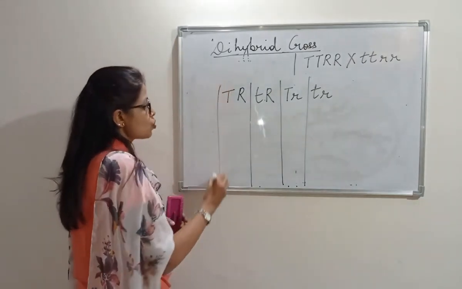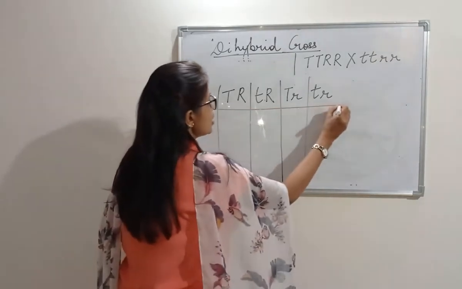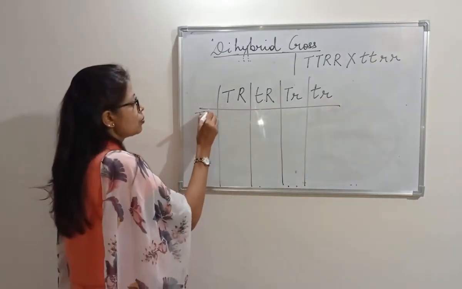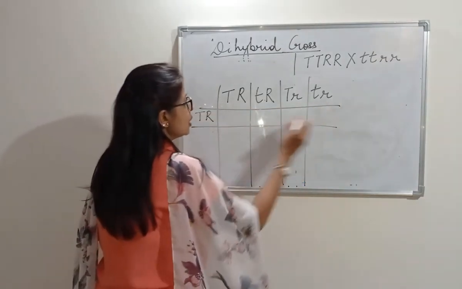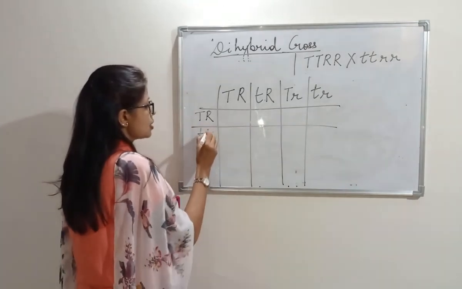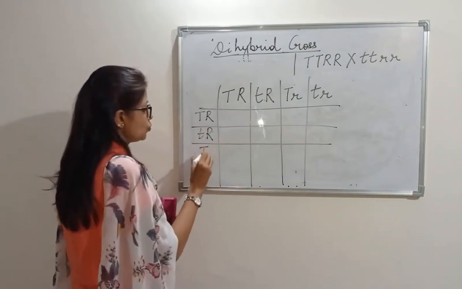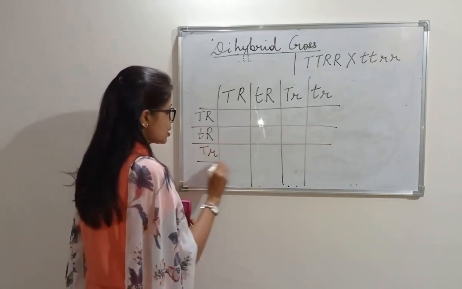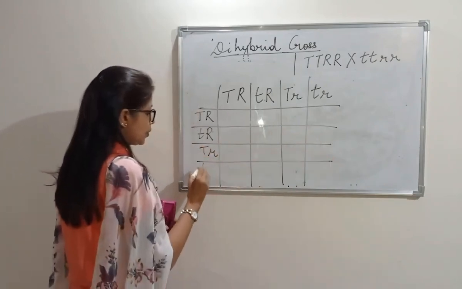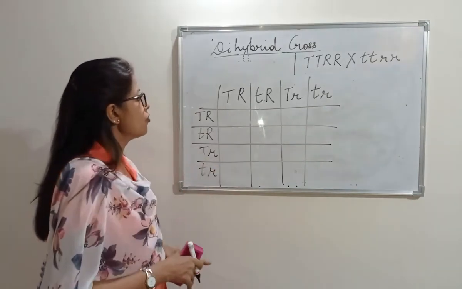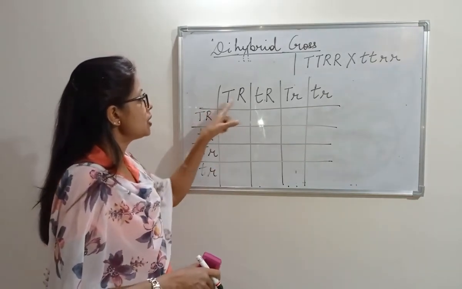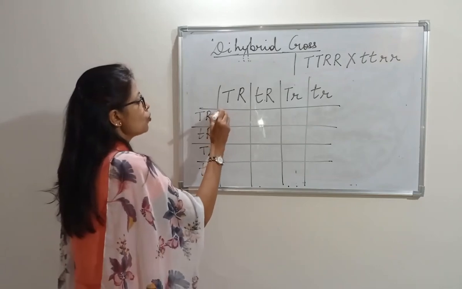Now, when we are solving it, again we take the same type of gametes. Same thing, what has been done on the top, you will draw or write the same thing here. Now, in this case, when we are doing capital T, capital R, what do we get?